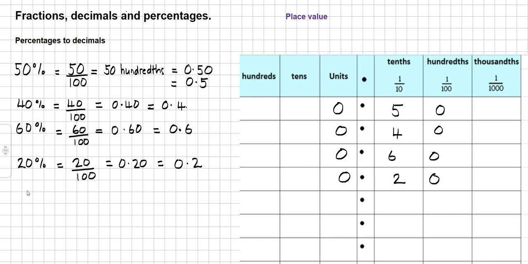Now let's look at what happens when they don't end with a 0. 25%, which is 25 over 100, would become 0.25.